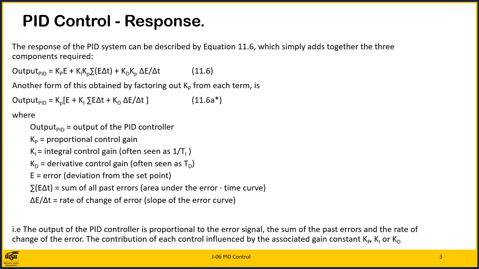So basically, the output of the PID controller is proportional to the error signal, the sum of the past errors, and the rate of change of the error. The contribution of each control is influenced by the associated gain constant, Kp, Ki, or Kd.